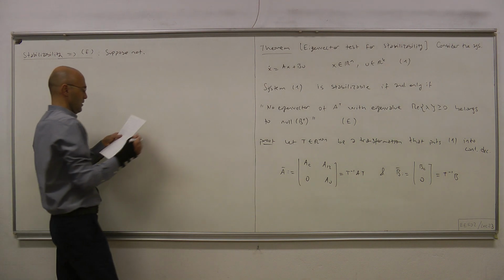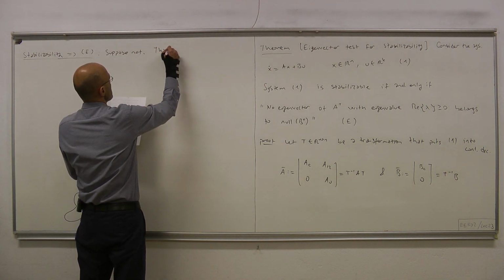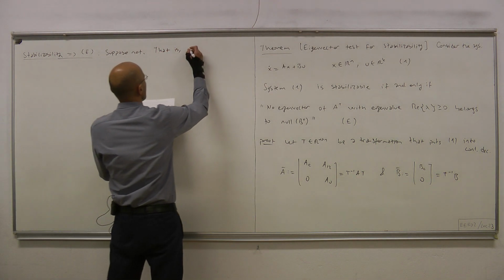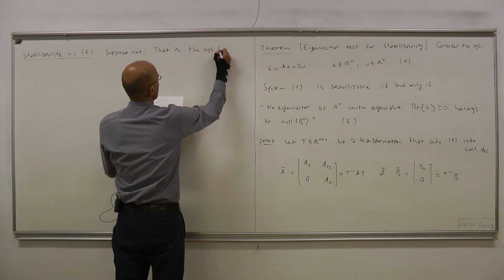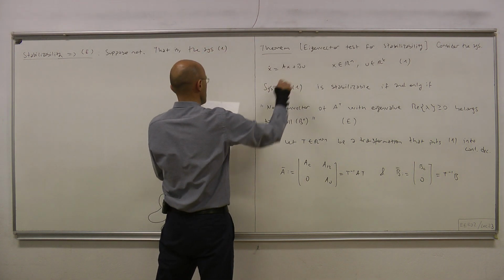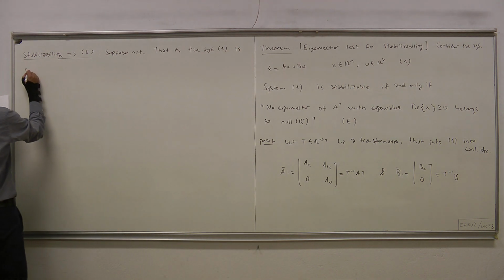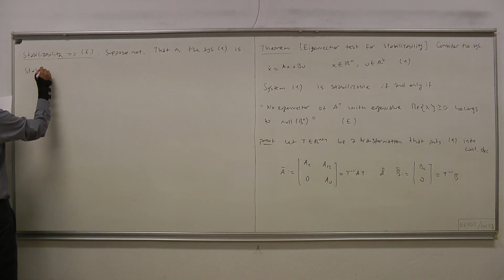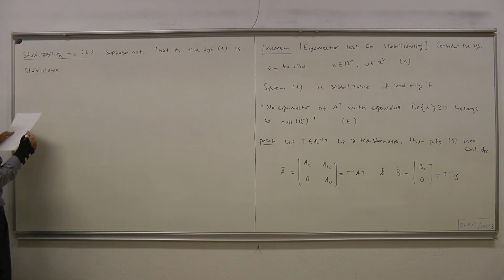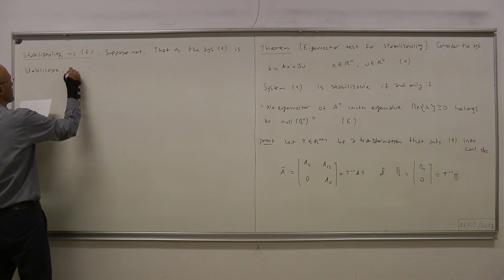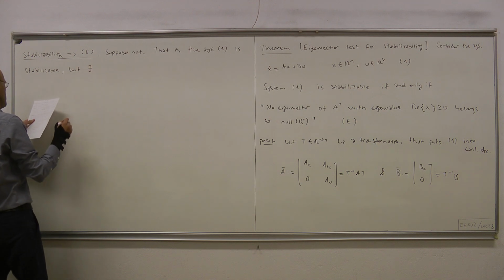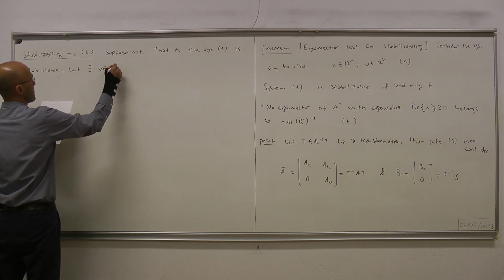Okay, so that is, the system 1, it's here, is stabilizable, but there exists an eigenvector.